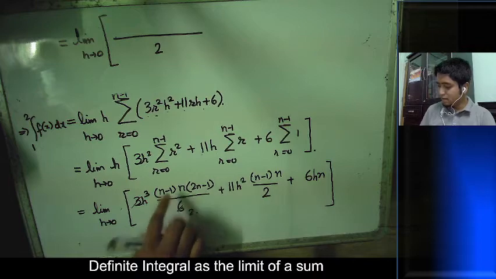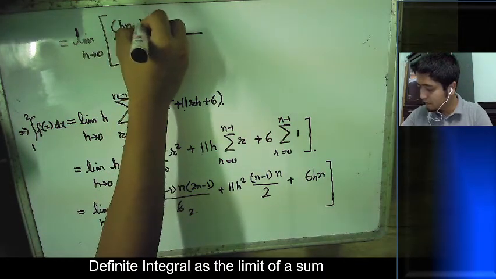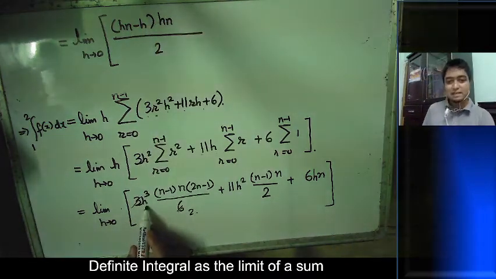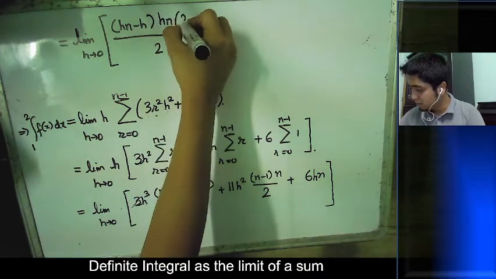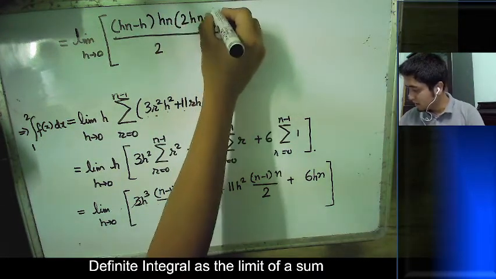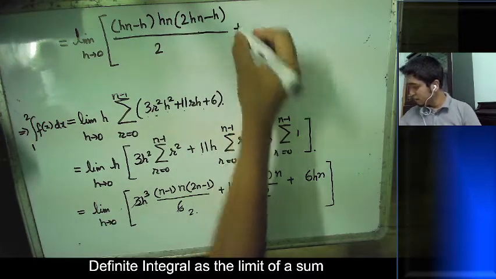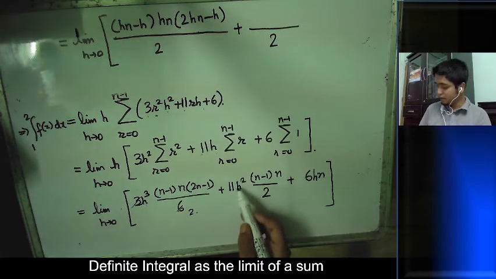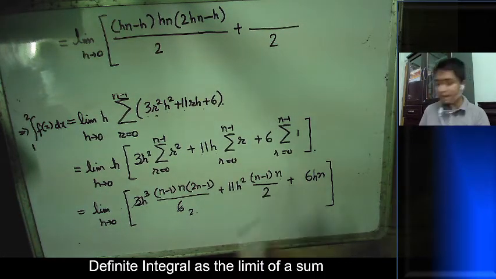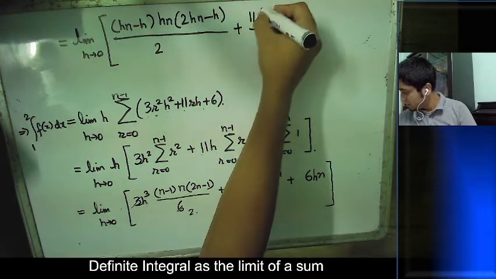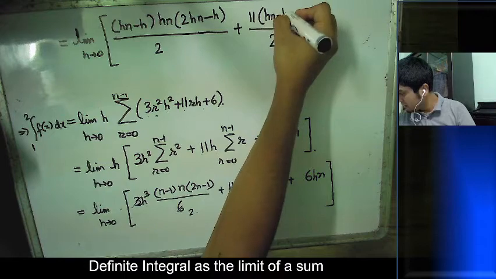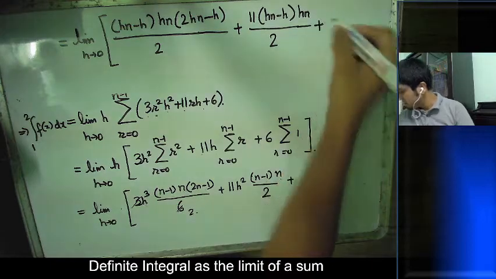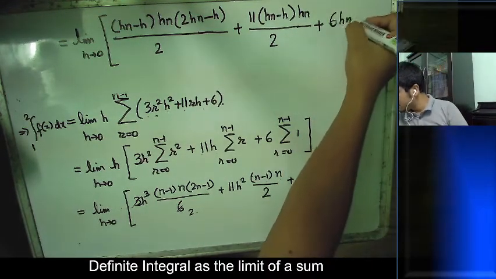Now hn times (hn minus h). Another h we will multiply with this n, so we will be getting hn. And the other h that is left, we will multiply inside here, so we will be getting 2hn minus h. Similarly over here, there are 2 h's, so one h will multiply here and one h will multiply with this n. So we will be getting hn minus h, and over here we will be getting hn. This one is already expressed in that way.